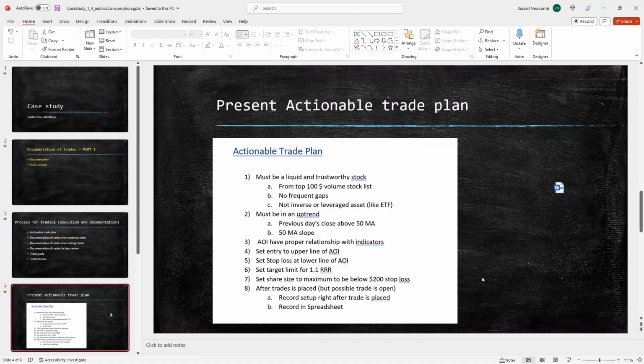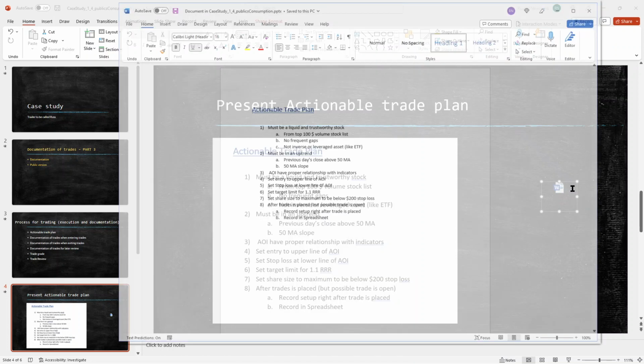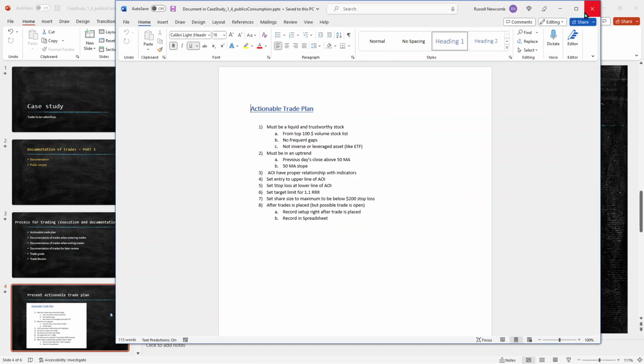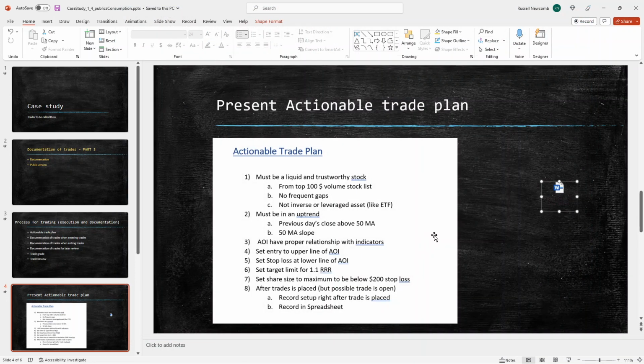So this is his actual trade plan as shown right over here. And a lot of this is just repeats from last time. He needs a liquid and trustworthy stock within the top 100 as far as the dollar volume for the stock. There's no frequent gaps.